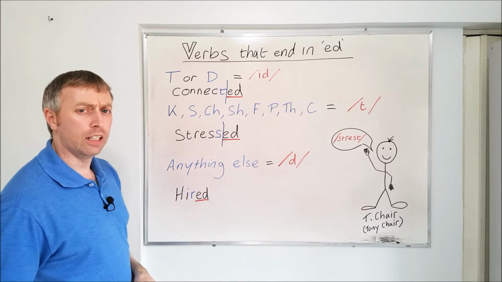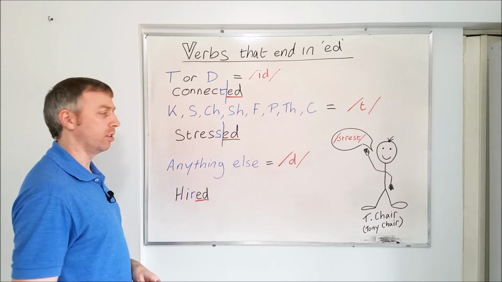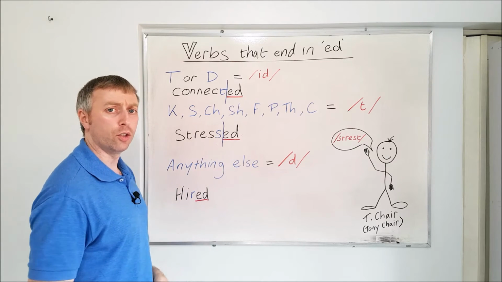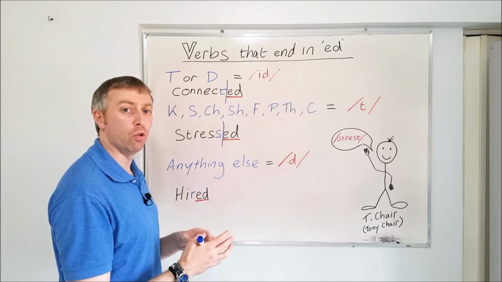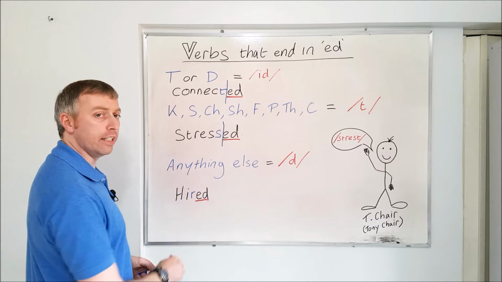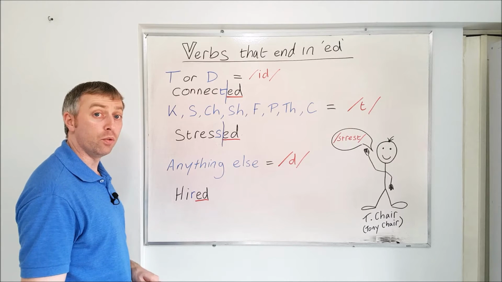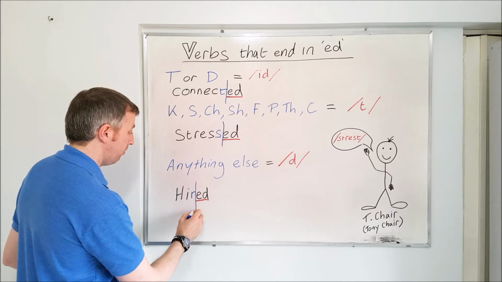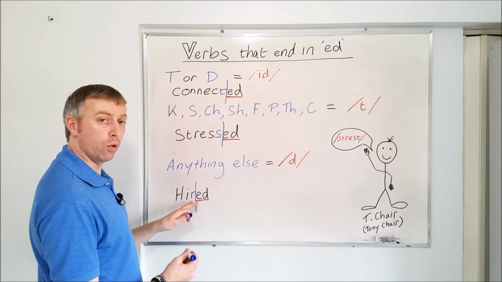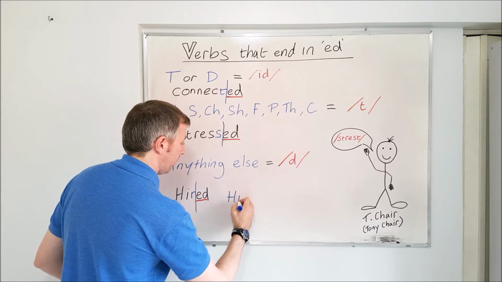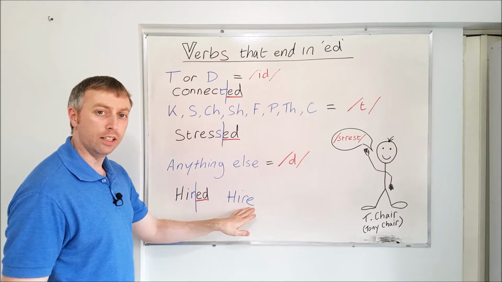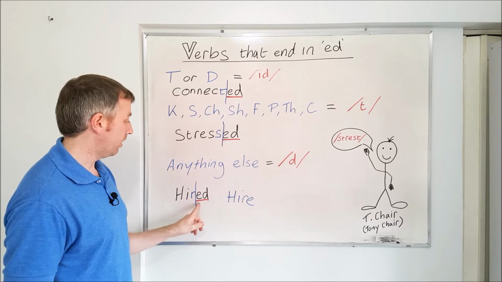Now, let me teach you something very important. Although I told you to return the word back to its base form, its simple form, if the word ends in an E, you need to remove both the E and the D, okay? So even though this word is hired, because it has the E, that is part of the ED.